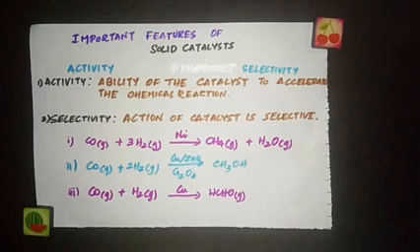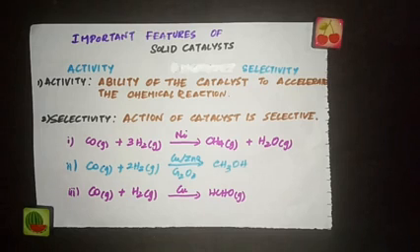However, they must not be adsorbed so strongly that they become immobile. They should be able to move. They should not get adsorbed so strongly that they cannot move. The other reactants will not get an opportunity to get adsorbed on the catalyst surface if the already adsorbed reactant molecules are strongly fixed on the catalyst surface.